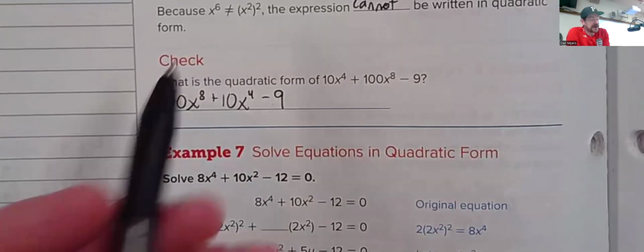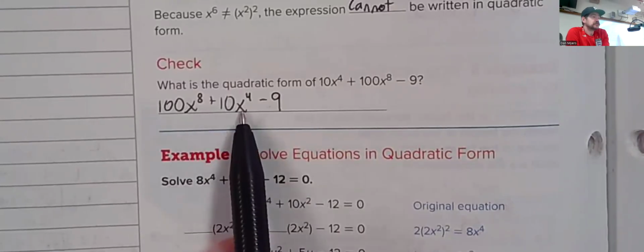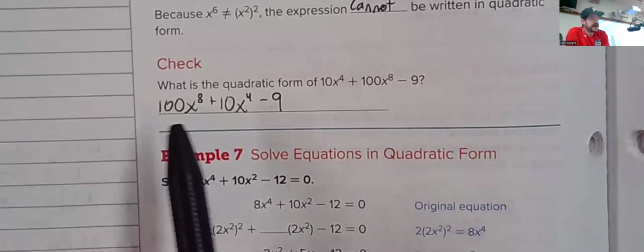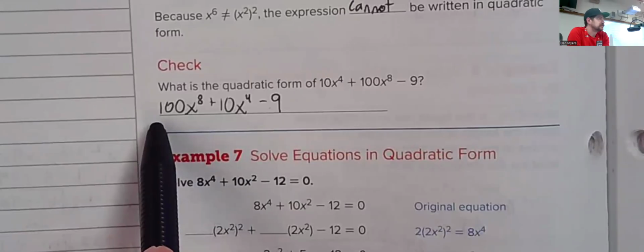Okay. Is x to the 8th power the square of x to the 4th power? Is x to the power of 8 the square of x to the power of 4? Yeah. Okay. Now, 100 by itself is a perfect square, isn't it? 100 is a perfect square of 10.